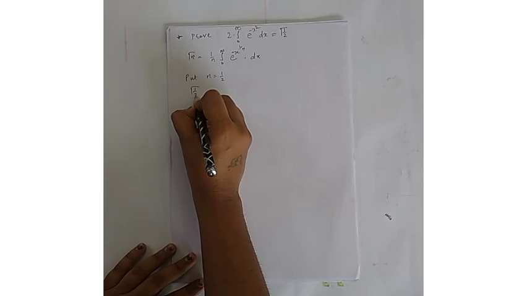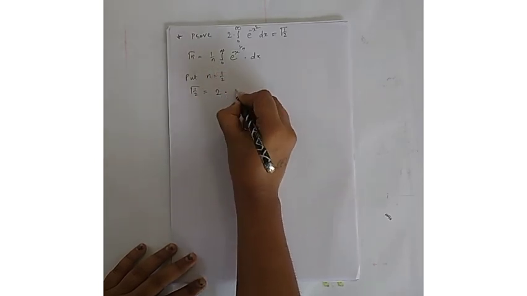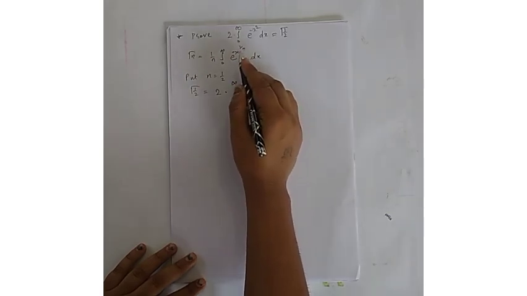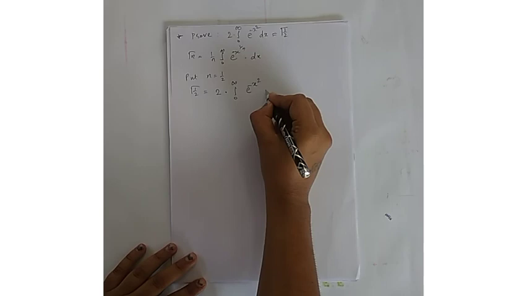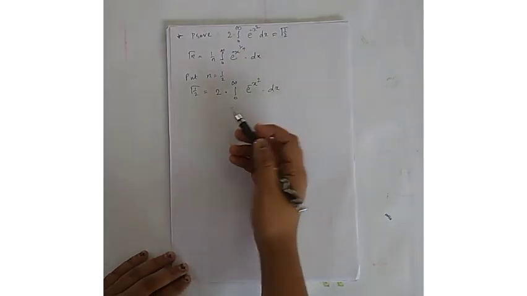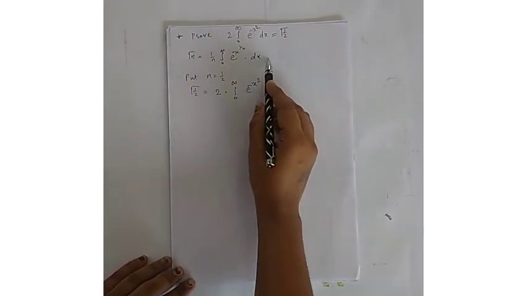So gamma 1 by 2 is equal to 1 upon 1 by 2, which gives 2, into the integral from 0 to infinity of e raised to minus x squared dx, since the value of 1 upon n is 2. This is the result you get by putting n equal to 1 by 2 in this form.